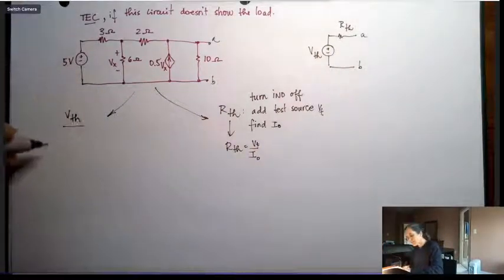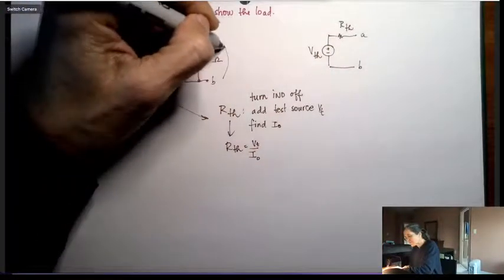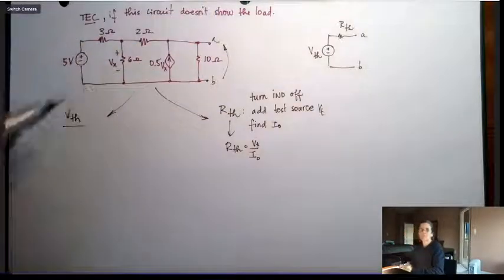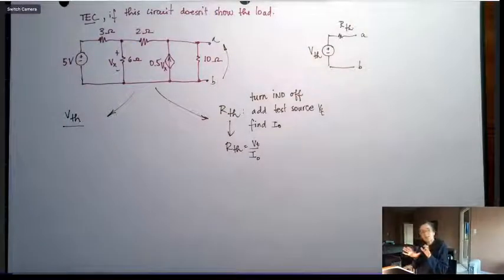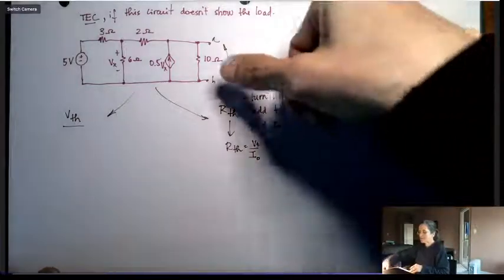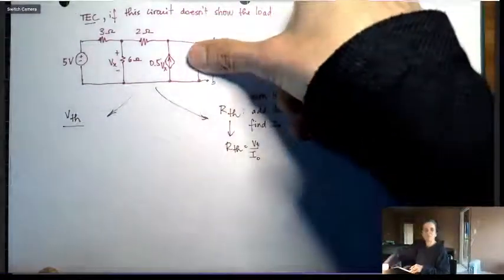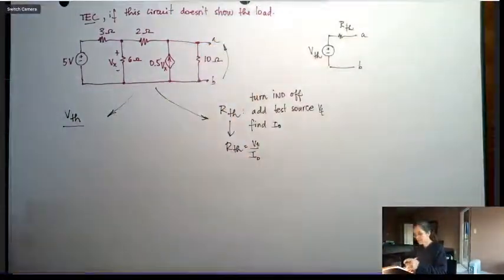The VTH, though, is this voltage here. So this circuit does not show a load, so we're not going to do anything about it. If it had said the 10 ohms is the load, we would take it out. But in this case, it's not.